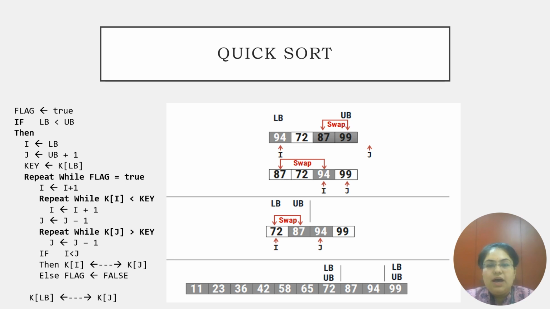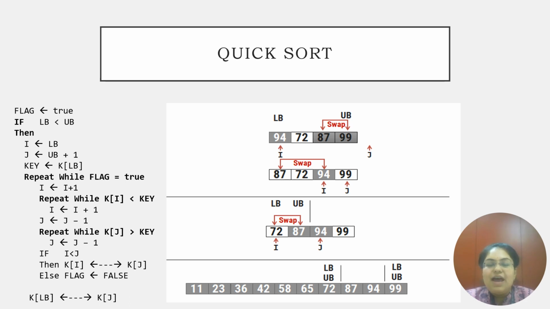Now we are moving ahead and comparing the lower bound's value with the second last element. The second last element is 87, which is smaller than the lower bound, which has the value 94. As 94 is greater than 87, the values will be swapped.